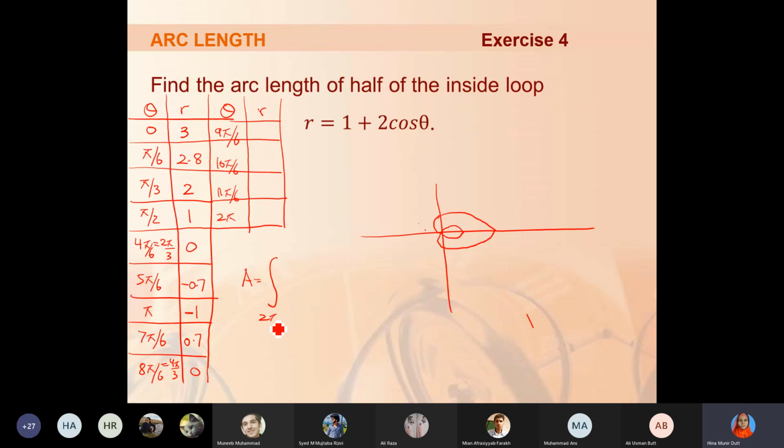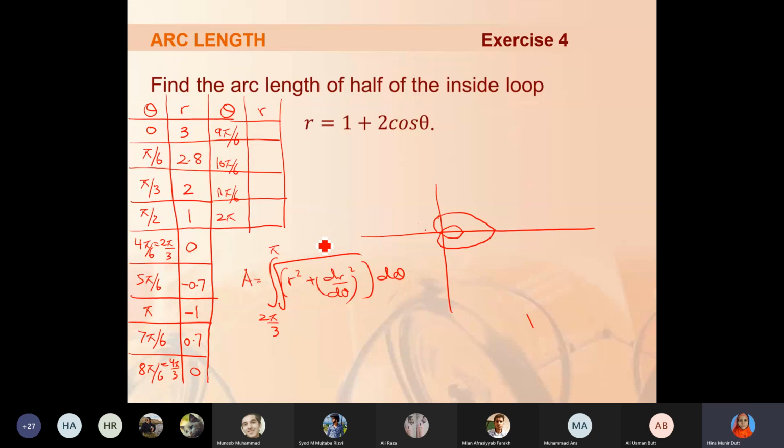So I will take the limits from 2pi/3 to pi, because during sketching I saw that the inner loop, the lower loop, the inside loop is drawn when theta is changing from 2pi/3 to pi, and the rest of the formula remains the same, d theta.